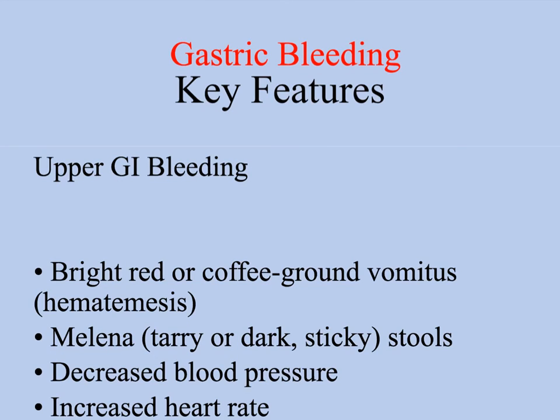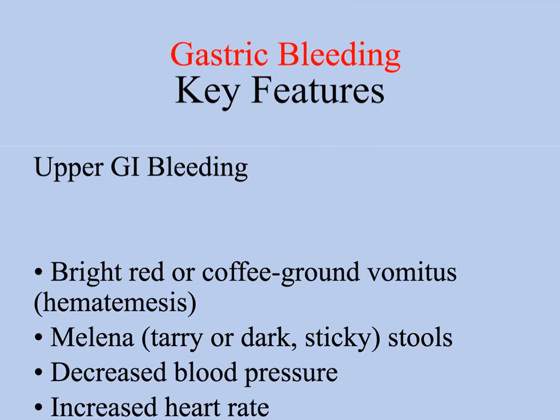I pretty much mentioned everything on here on the last slide about the bright blood or coffee ground emesis. It's important to identify that early as something that could turn into something very tragic quickly. The decreased blood pressure would indicate to us that the patient is losing too much blood.